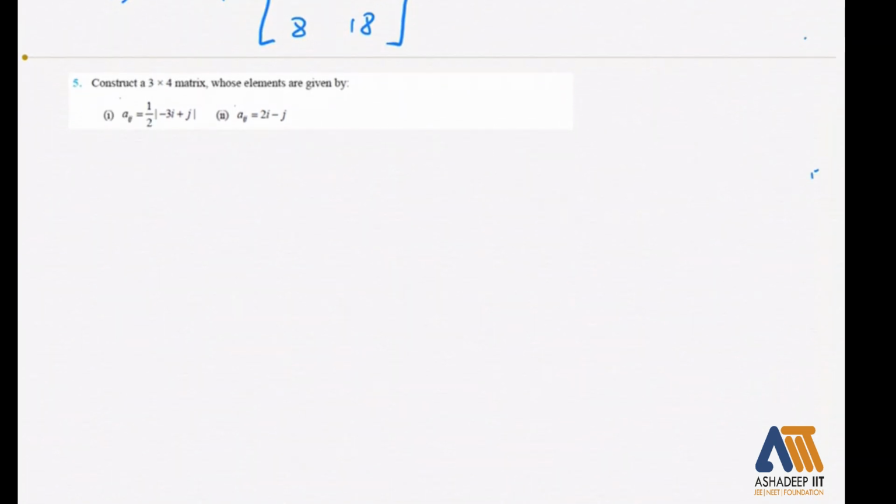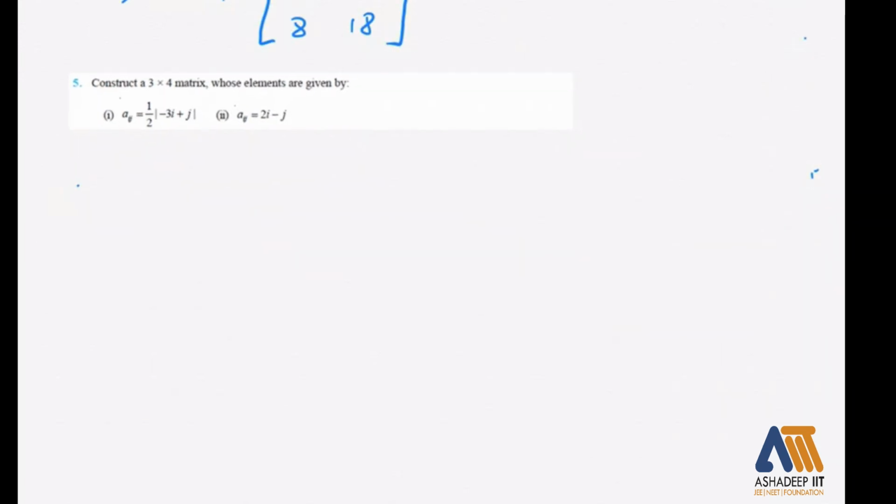Fifth question, again same. We need to construct here a 3 cross 4 matrix. First question: Aij is 1 by 2 modulus of minus 3i plus j. Second question is Aij is equal to 2i minus j. In this case we need to write a matrix of the order 3 cross 4.